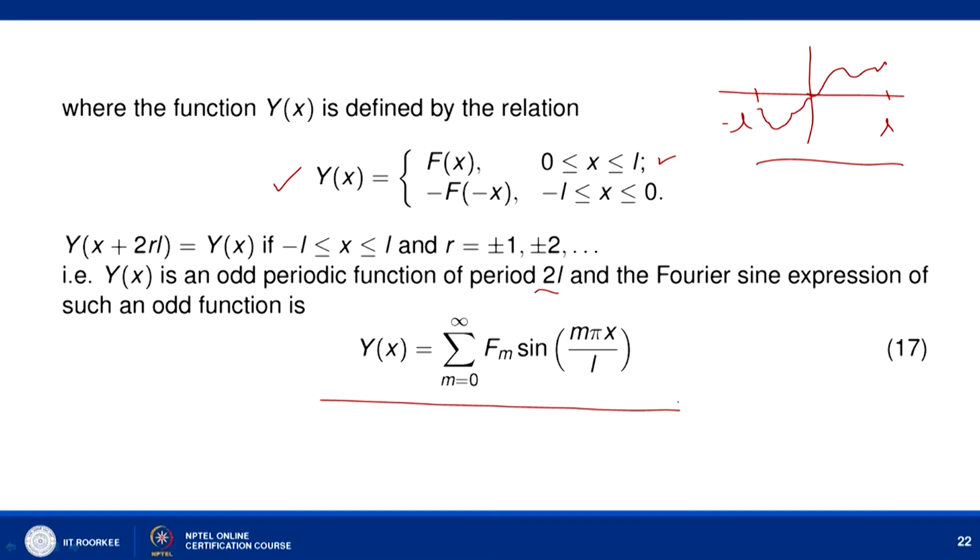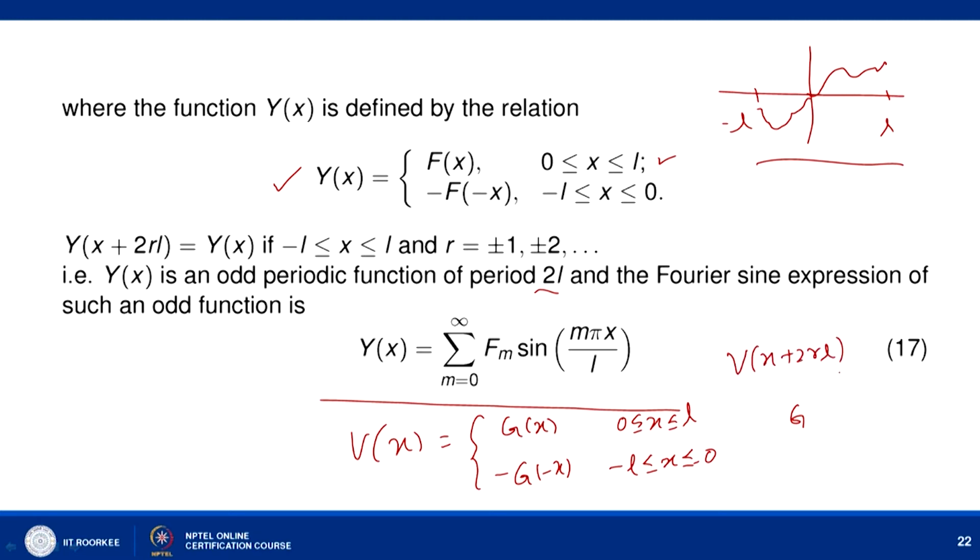Similarly, you can define your v of x as follows. Let us say g of x for 0 less than x less than L, and minus g of minus x for minus L less than x less than 0, and here also you can consider the corresponding v of x plus 2rL equals v of x, where x is lying between minus L to L and r is plus minus 1, plus minus 2.